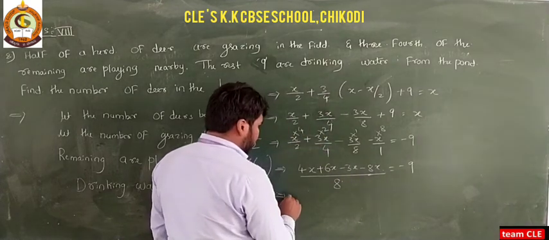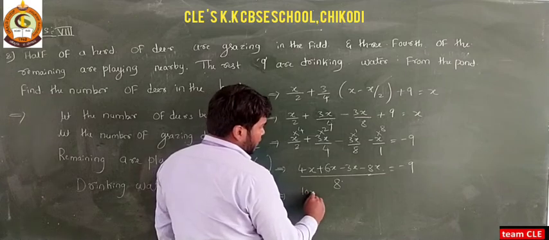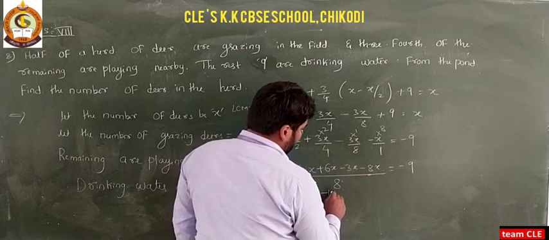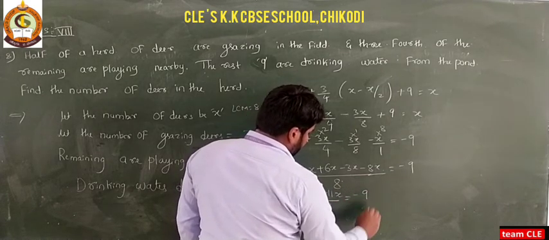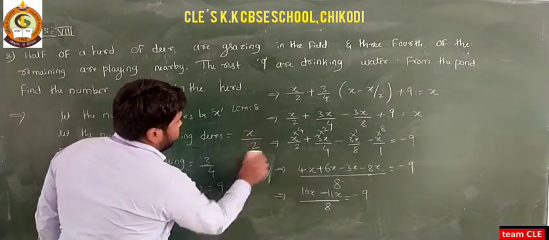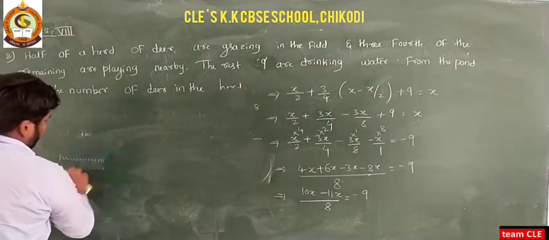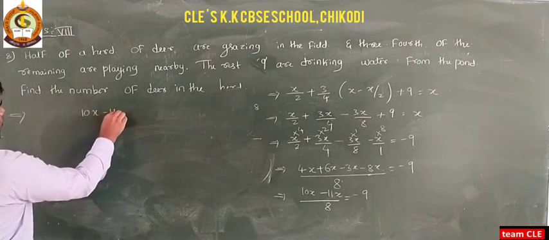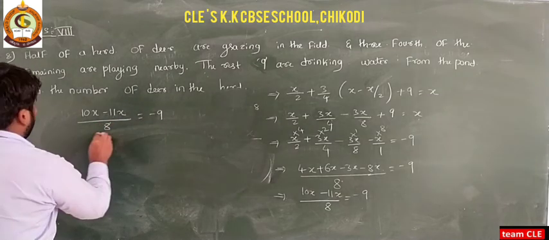Okay dear students, now I am going to solve this. So see here, this is 6 plus 4, so this is 10x, and 8 plus 3, that is minus 11x. So 10x minus 11x, whole divided by 8, is equal to minus 9.